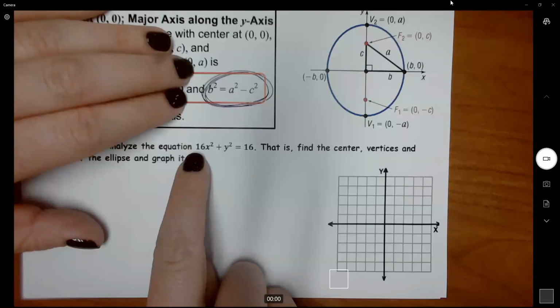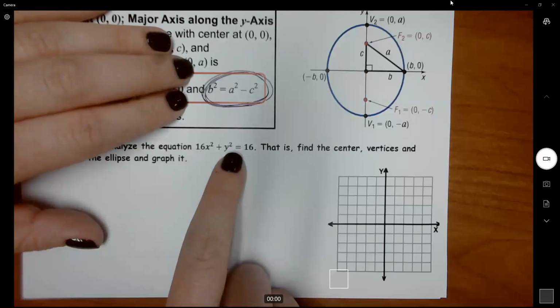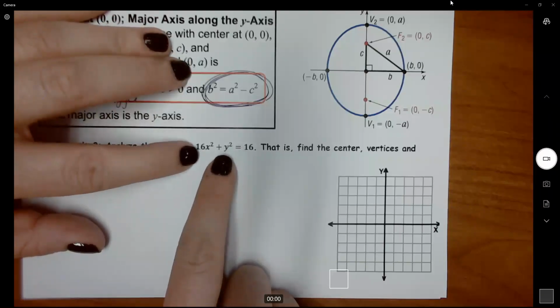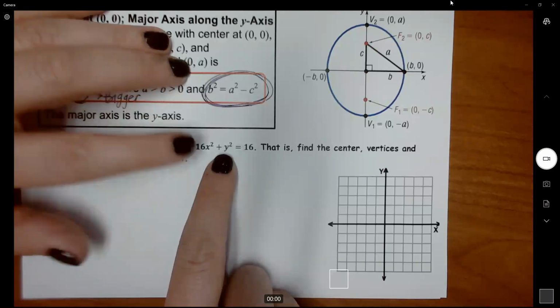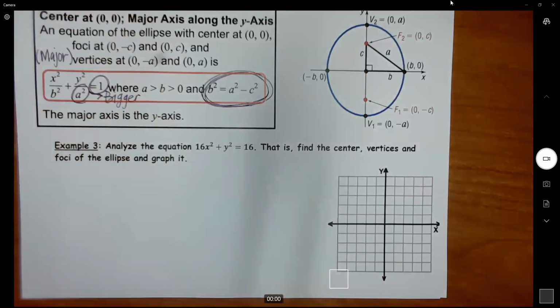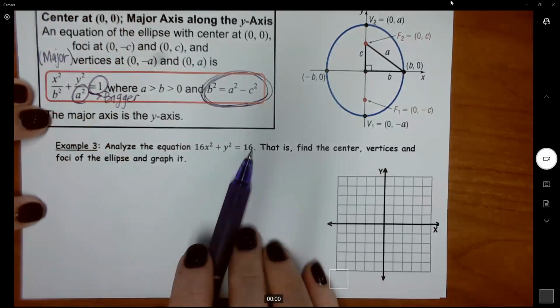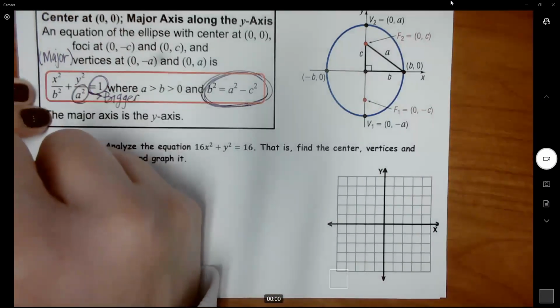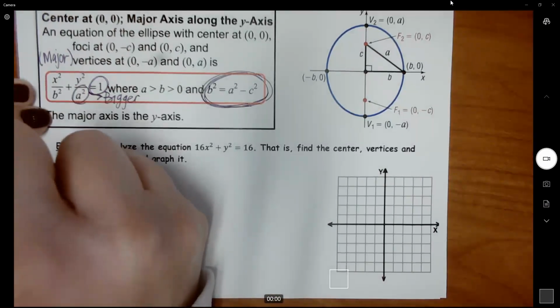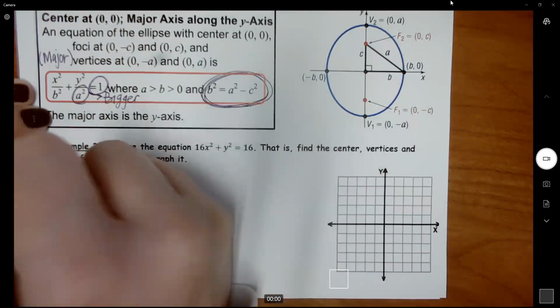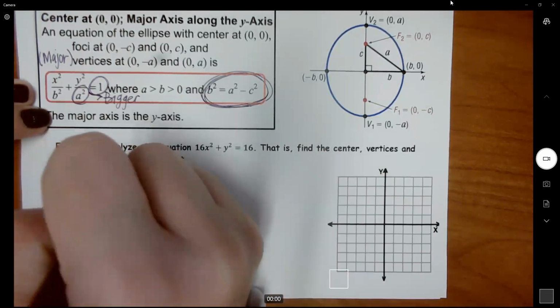Because this one's a 16x squared versus a 1y squared, I know that this is an ellipse just by looking at it, because those aren't even. Now, regardless, because this is an ellipse, I need this to equal 1. So we have 16x squared plus y squared equals 16.